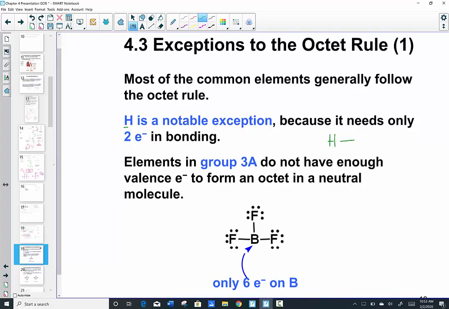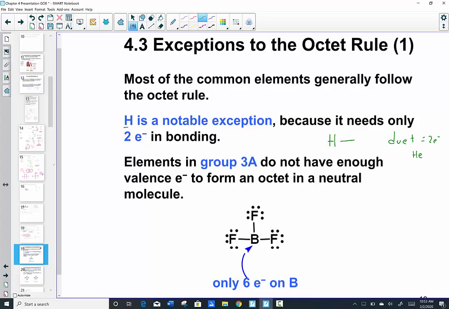Hydrogen will only have a 1 bond requirement, no dots. So technically it doesn't have an octet. It has a duet, which is 2 electrons, and then it becomes like helium. So since it has a duet instead of an octet, it breaks the octet rule.